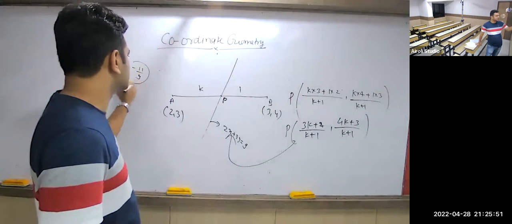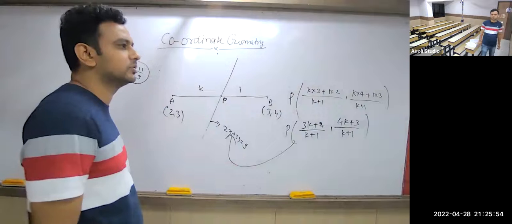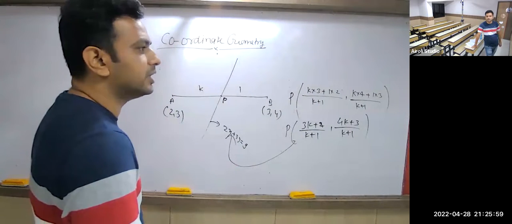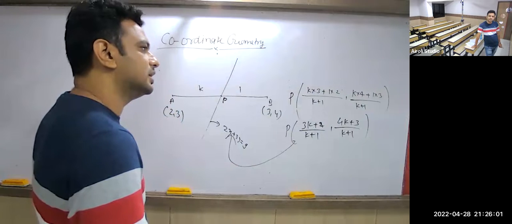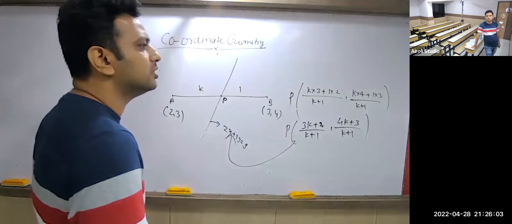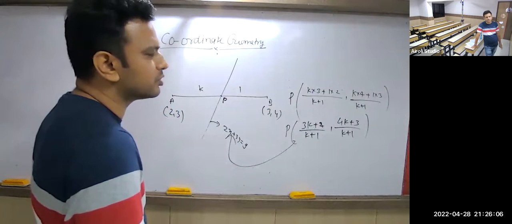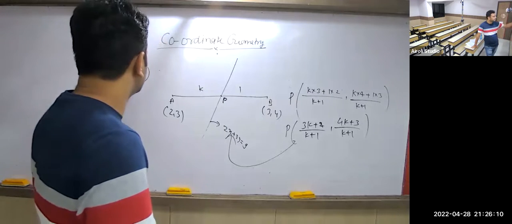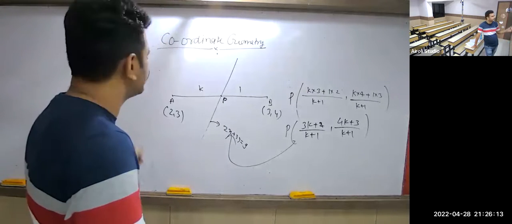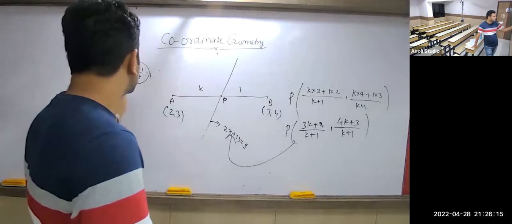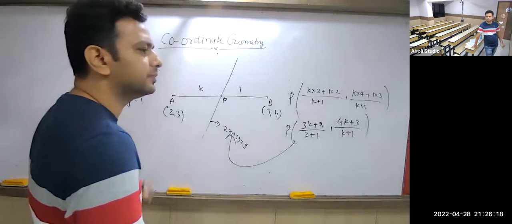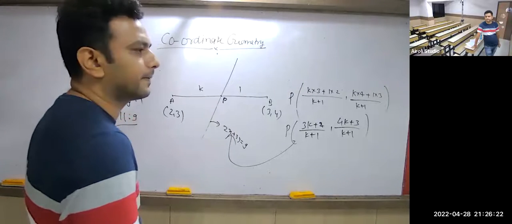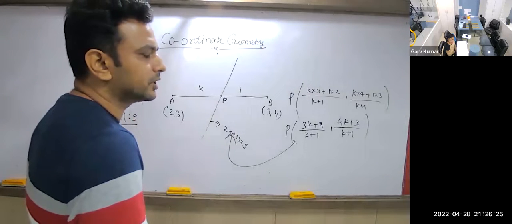Actually, this should not be negative because it's an internal division. If it is external division, then only you will get the negative sign. I just put random values, so that's why you're getting that. So let's say it is 11 by 9, so you get the ratio 11 by 9 : 1. So the actual ratio will be 11:9. Got it?